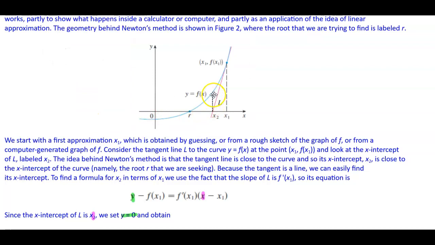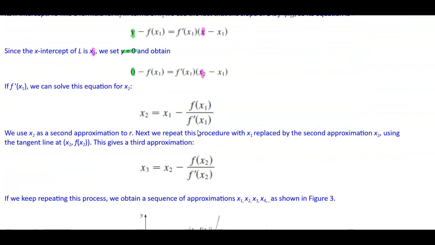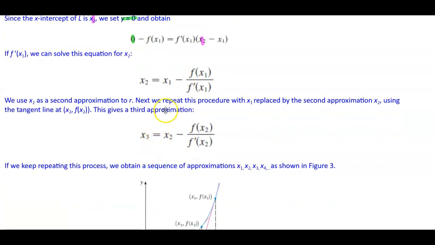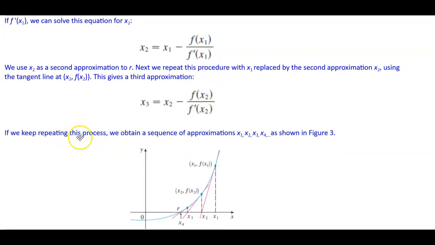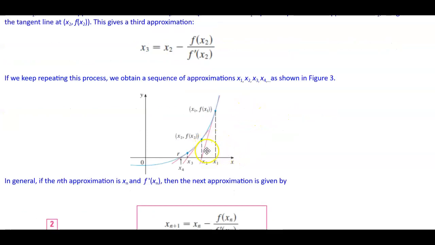That line hits the curve, and then we have another tangent line, as we'll see in the next figure. This gives us a third approximation, x3 = x2 - f(x2)/f'(x2). If we keep repeating this process, we obtain a sequence of approximations x1 through x4, as shown in this figure. We create another tangent line at x3, and another at x4, which is getting closer and closer to the value of r.